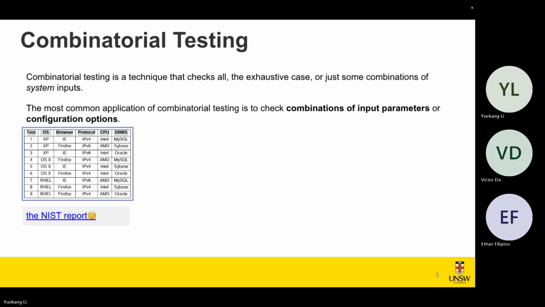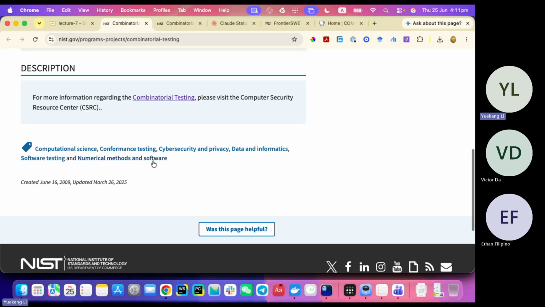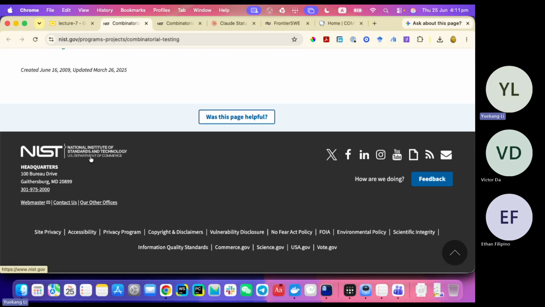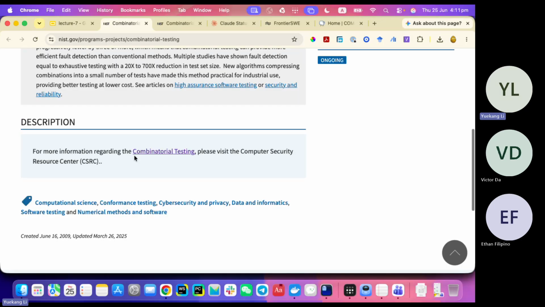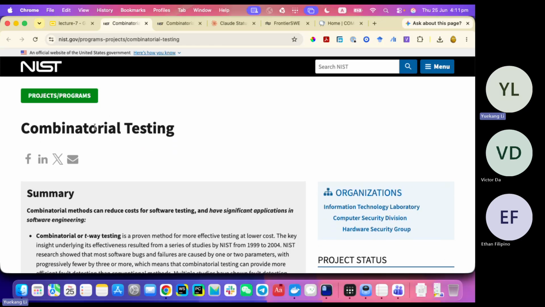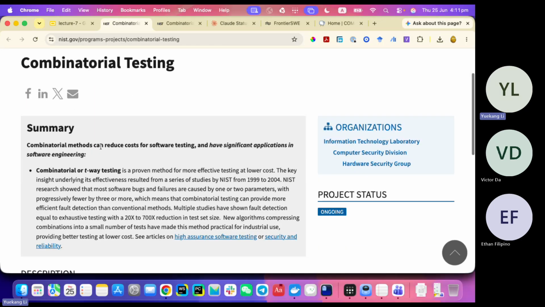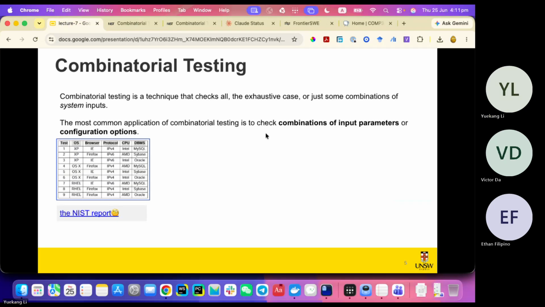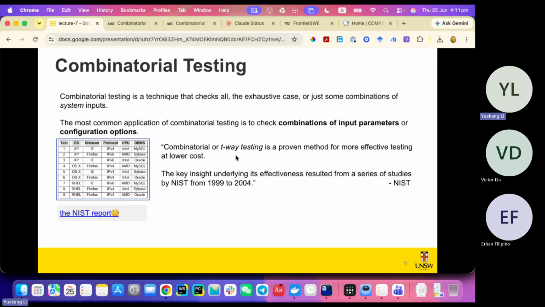It's actually from the NIST report. NIST is the National Institute of Standards and Technology from the US government, and it has created some very good techniques. This report was written about 20 years ago.